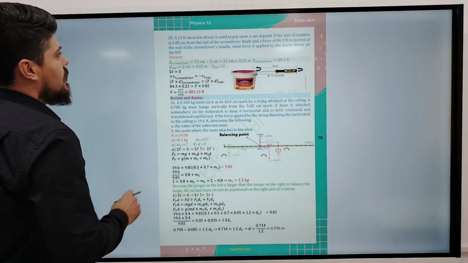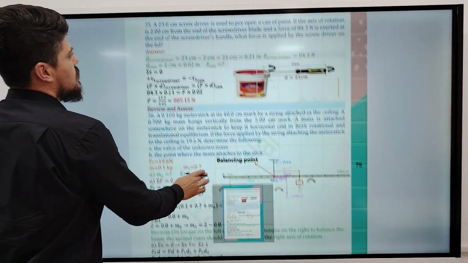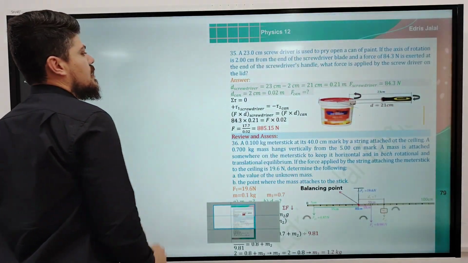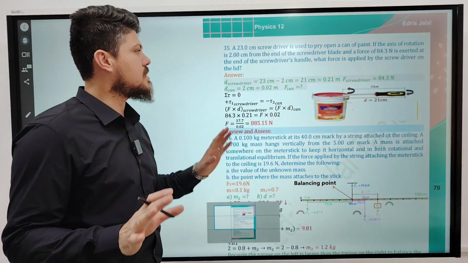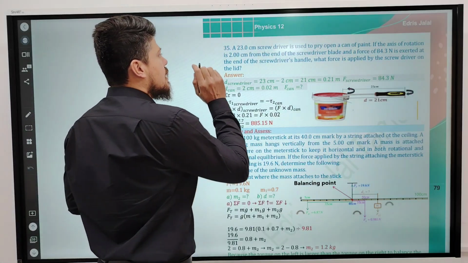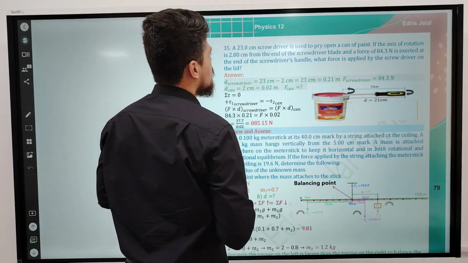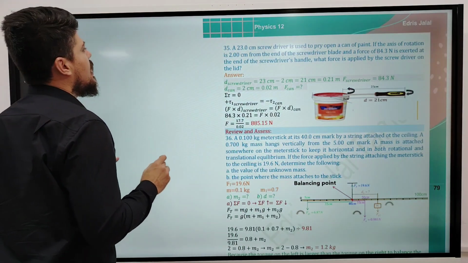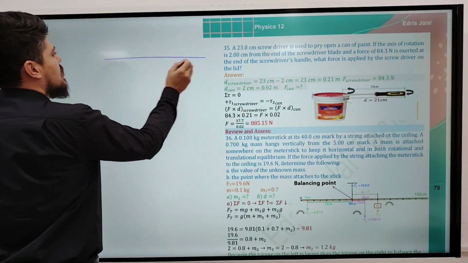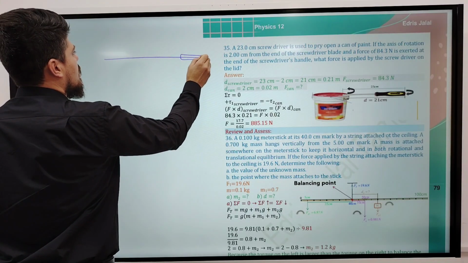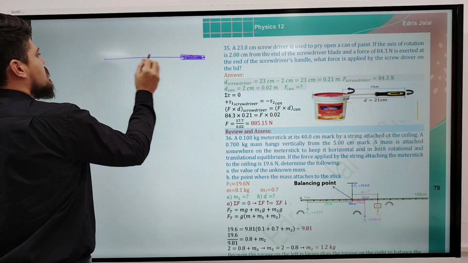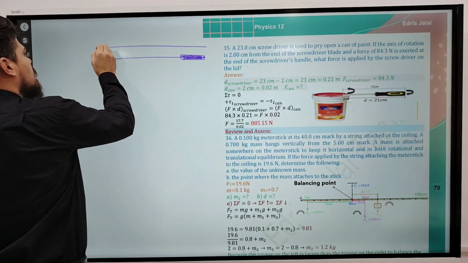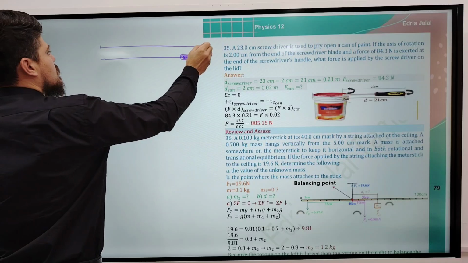Question 35, the question of the screwdriver. A very good question, and it has been brought in the Wizari exam many times. Listen carefully, please. A 23 centimeter screwdriver. This is the entire length of the screwdriver, from this point to this point.